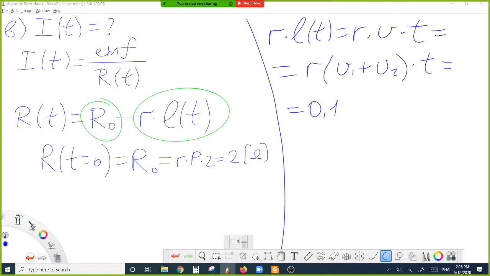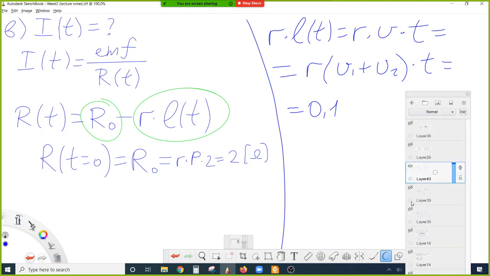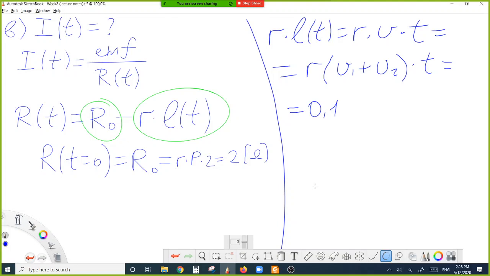Now we need to switch to SI units in order not to make confusion.